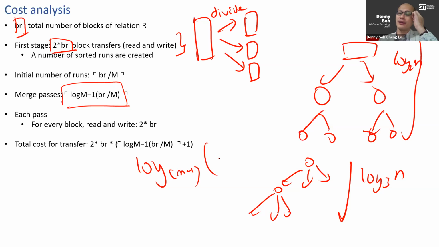And the number of nodes equals the number of individual runs, which equals BR divided by M. Let's see if this makes sense or not. Yeah, I think we can.